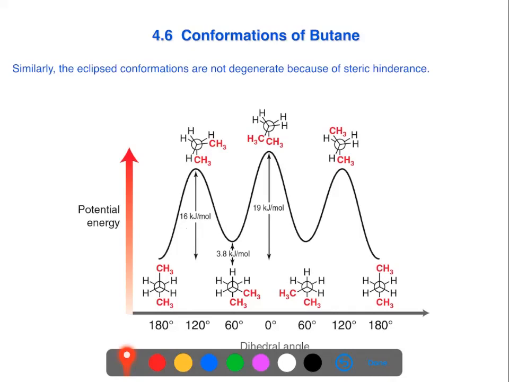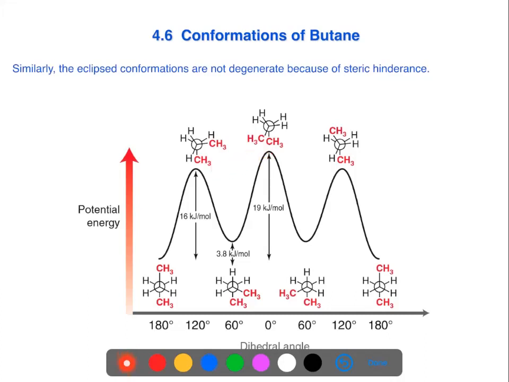Now, similarly, the eclipse conformations are not identical in energy due to the fact that there's additional steric hindrance associated when you have two methyl groups directly overlapping in space versus the two methyl groups that are neighboring one another with that dihedral angle of 60 degrees. So just as we saw that there are differences in energy between these two staggered conformations, the anti and the gauche, there's also a slight difference in energy between eclipse 1 and eclipse 2 due to the differences in steric strain or steric hindrance associated with those methyl groups.